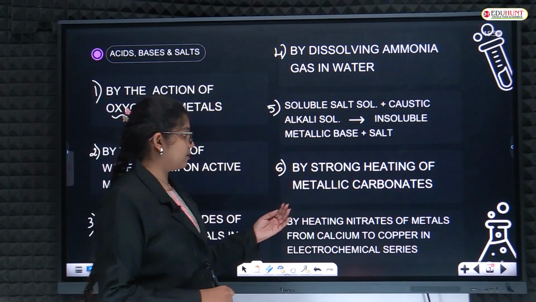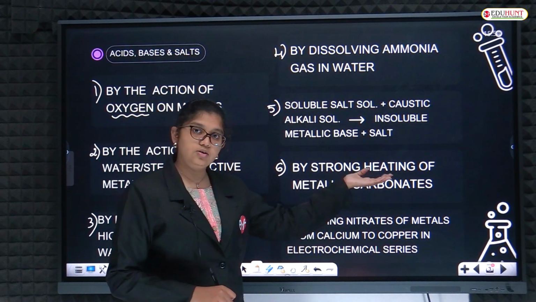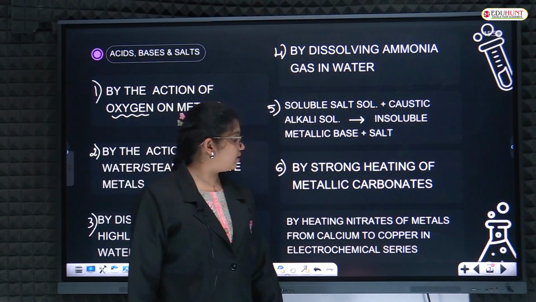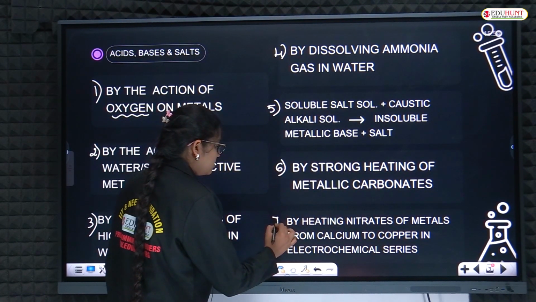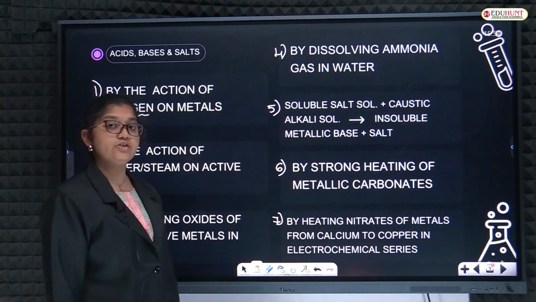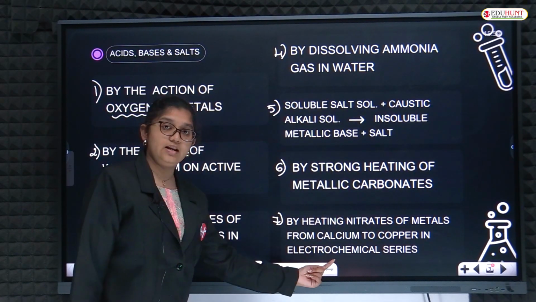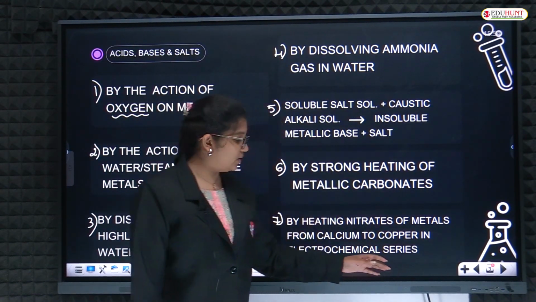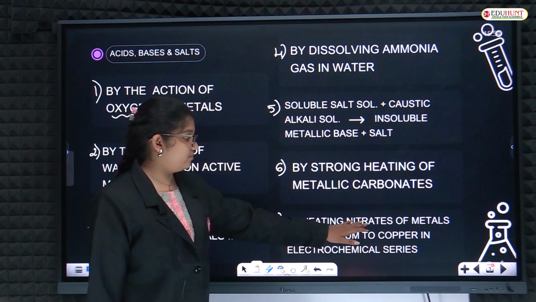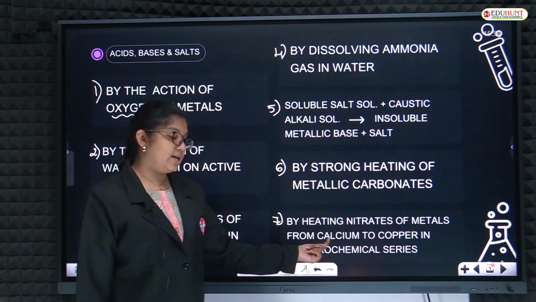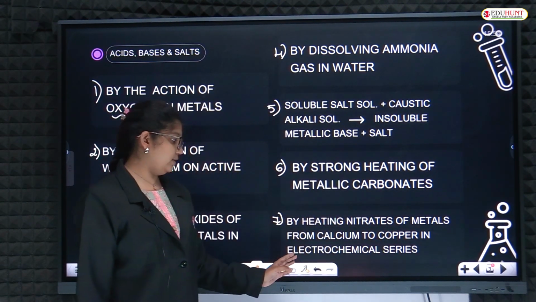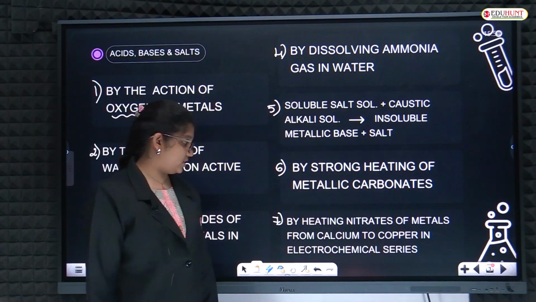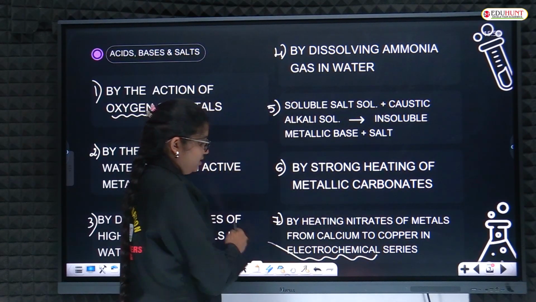We take metallic carbonates, undergo strong heating, and we get the base. The seventh one is by heating nitrates of metals from calcium to copper in the electrochemical series.